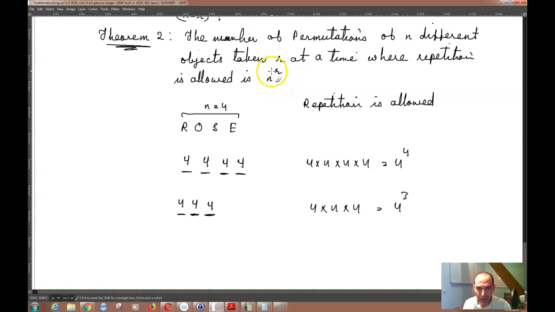Of course, repetition is allowed. So then you come up with the expression n raised to the power r, which is the permutation of n different objects taken r at a time where repetition is allowed. And the proof is very similar to that of theorem 1 and is left for the reader to arrive at.